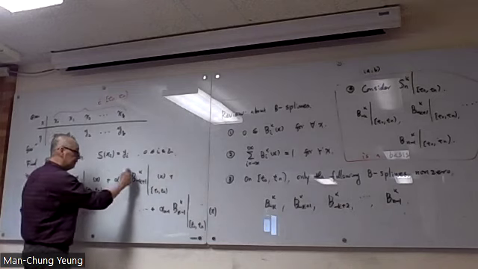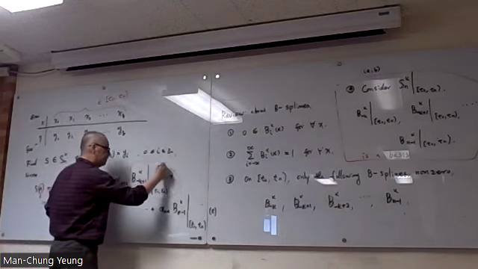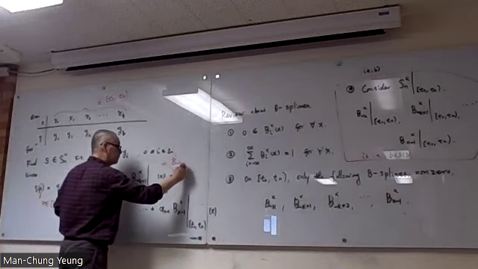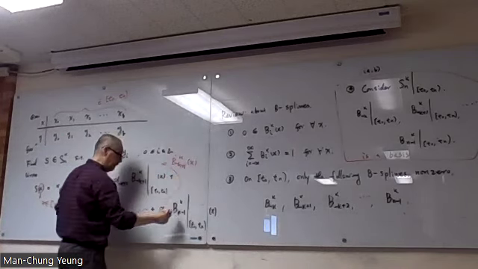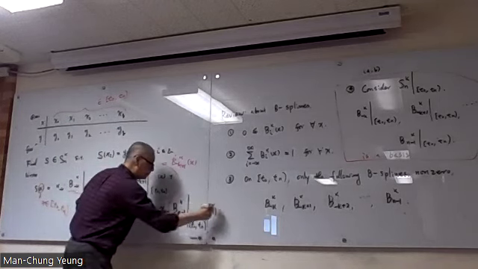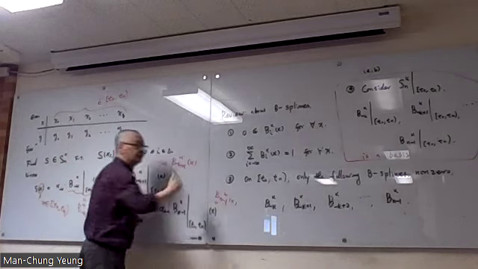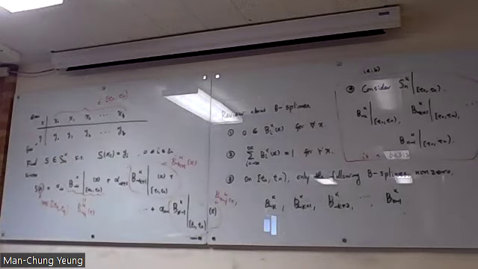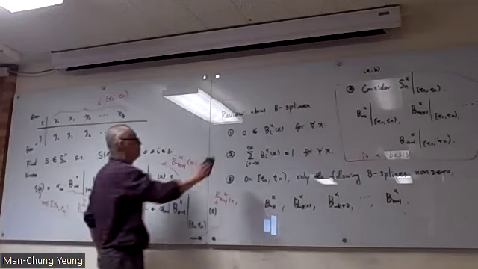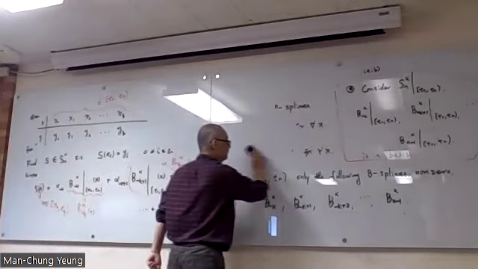Same here: this equals B_{-k+1,k}(x), and this is B_{n-1,k}(x). Now let me assume x is from this interval. Then I can simplify this equation.